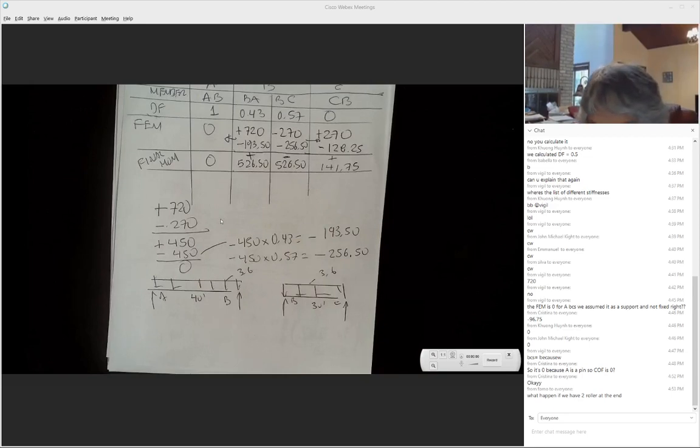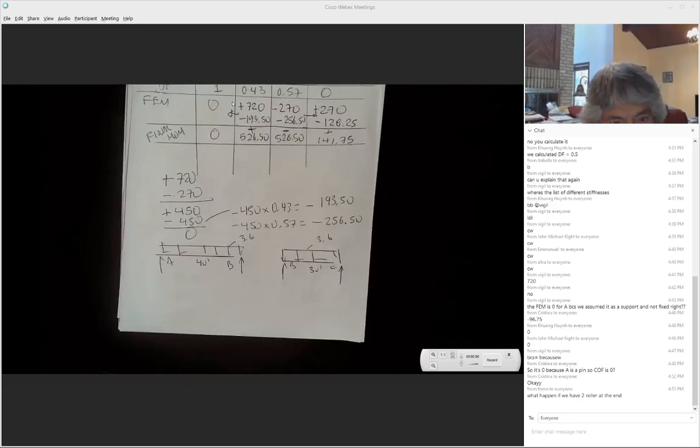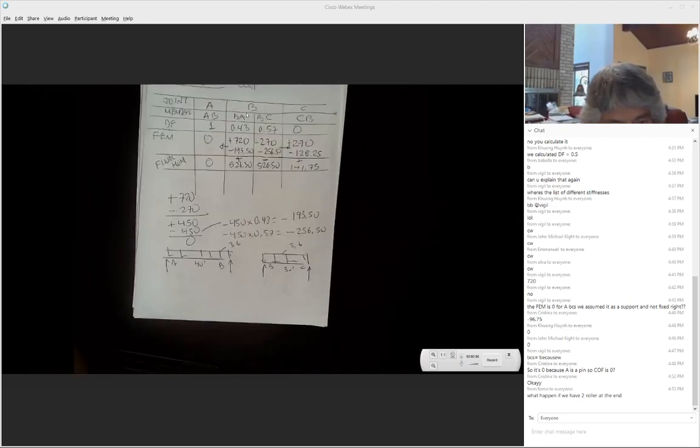If we had two rollers at the end, let me finish this and I'll tell you what happens if we had two rollers. That's a very good question. Look, AB 0, BA 526.50.